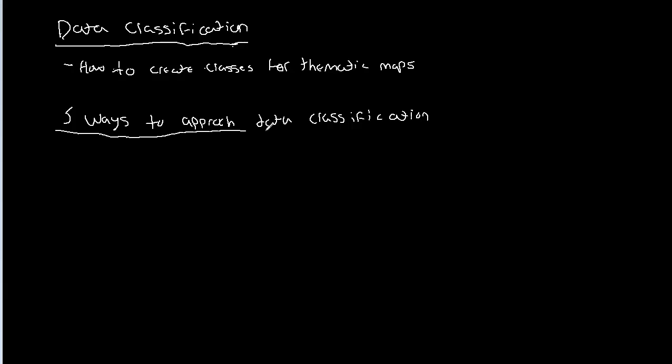Right, 5 ways to approach data classification, and we're going to talk about each one in its own video, going through what it means conceptually and an example of how it might look to calculate it on a fake data set. The first is going to be called equal interval, where the range of each class is the same.